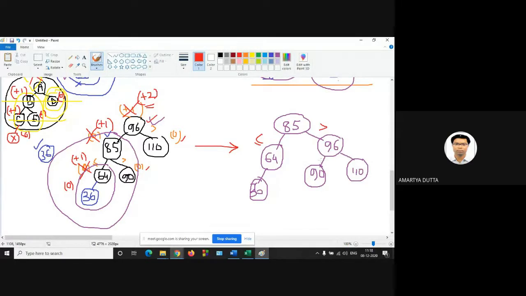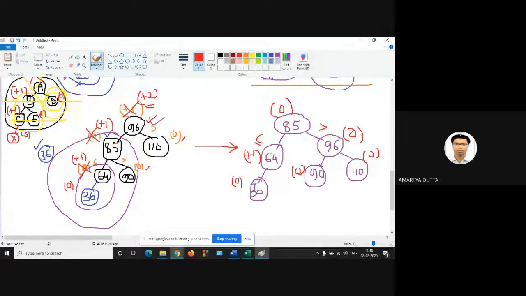Now what will be the balance factor? You have to calculate the balance factor at every node. So balance factor of 36 is 0. Obviously the leaf node is 0. 90 is 0. 110 is 0. For 96 the balance factor is 0. For 64 the balance factor is plus 1. For 85 the balance factor is... why minus 1?